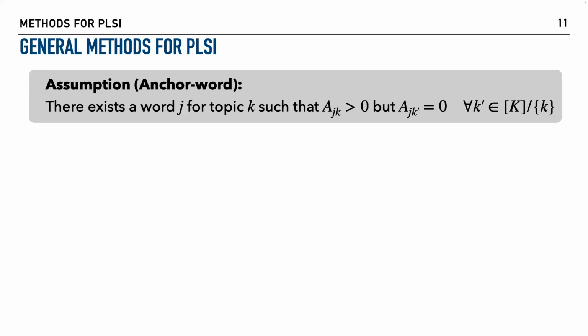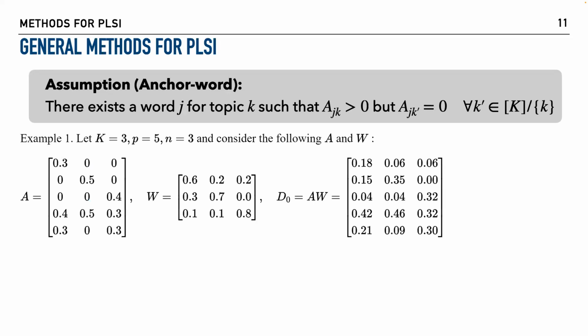Essentially this means that there exists a pure word, only found in one topic. For instance, here I have an example of such a pure word in the first 3 rows. That assumption was, I think, postulated by Donoho in the early 2000s, and is a sufficient but not necessary assumption for identifiability of your PLSI model.